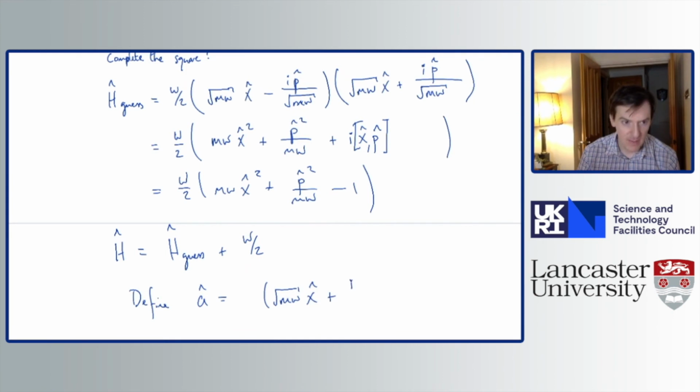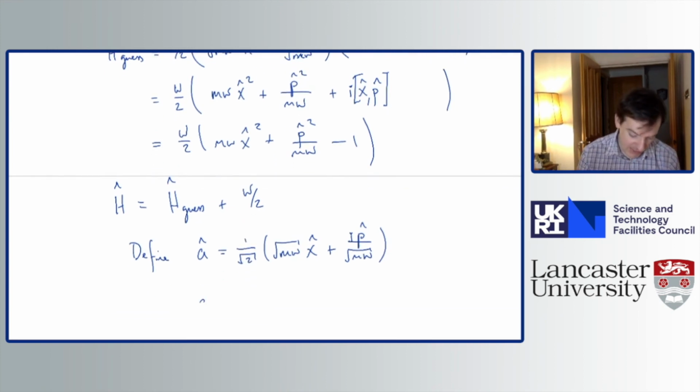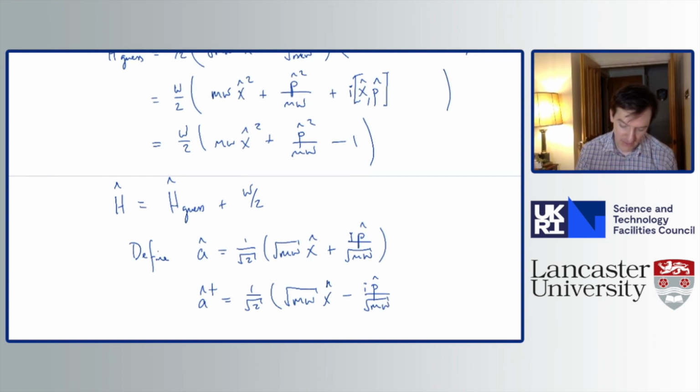So A has the plus i p over m omega piece, but it tends to be defined with an extra factor of 1 over root 2, and then A dagger, so the Hermitian conjugate, has m omega x. So x and p are Hermitian operators, so they will be the same. Right, p dagger is the same as p, so I don't need to write p dagger, but I get a minus sign in front of the i.